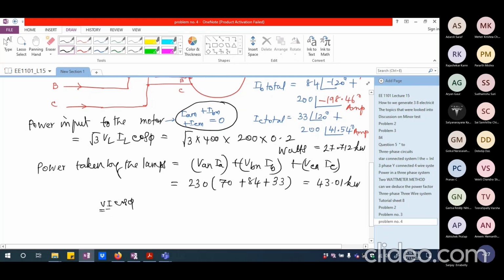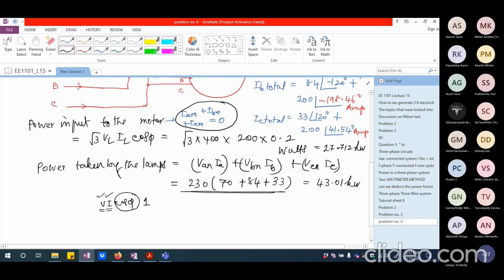V as the RMS value, I as the RMS value, cos phi is the angle between V and I. And because the lamp loads are resistive, cos phi is 1. These are all scalars. No complex number here. Directly RMS values. V RMS, I RMS, cos of the angle between V and I, if at all there is something. Here they are in phase. So cos phi is 1. That is the reason why I could take it as it is.